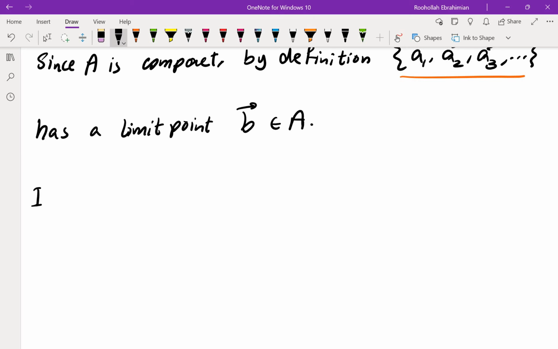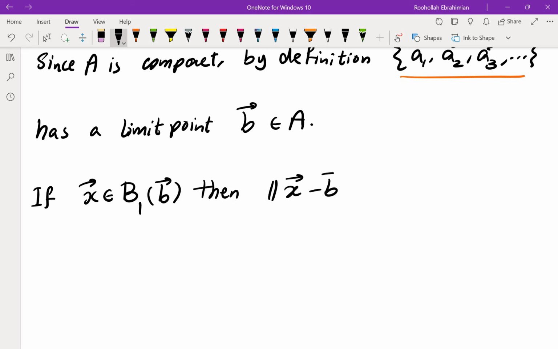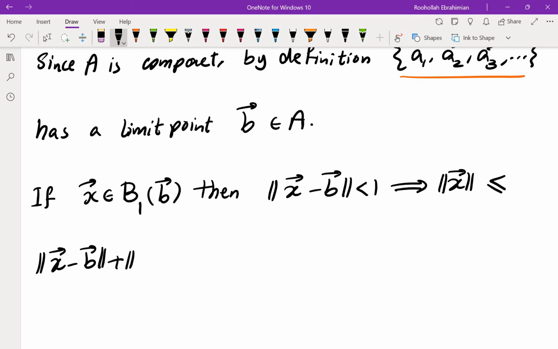So if X is inside the ball of radius 1 centered at B, then the distance between X and B is less than 1, which means the norm of X is less than or equal to the norm of X minus B plus the norm of B. But the norm of X minus B is less than 1.